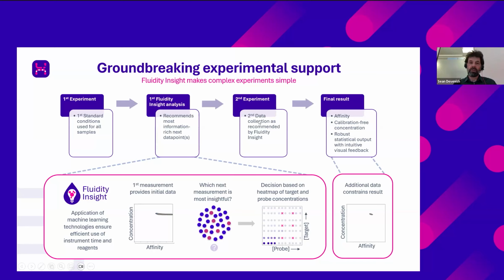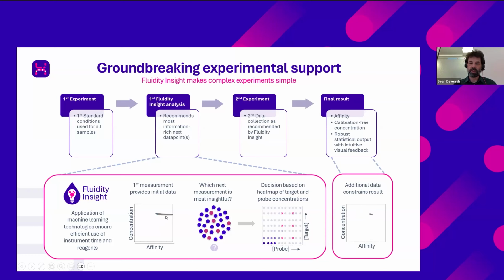Then we jump back out from here and come to our second experiment. We would run one or two data points from that recommended region, and then feed those additional data points back into Fluidity Insight, where those results are combined with the previous data set, and the fitting is run again, and then you can see the final results.